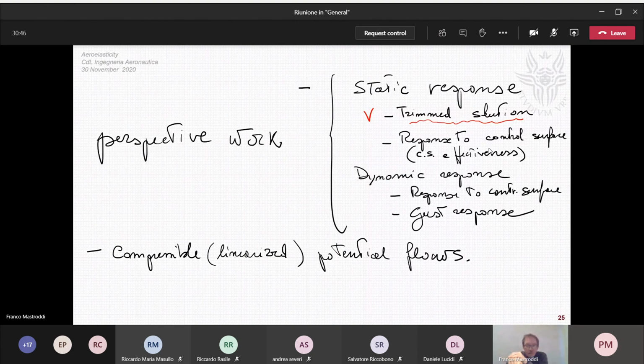But now we also have to include in the analysis the presence of a steady angle of attack assumed for lifting your aircraft.